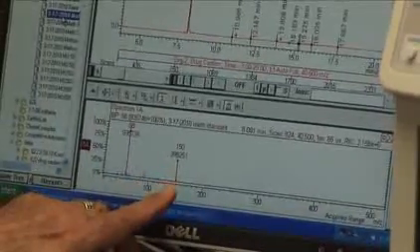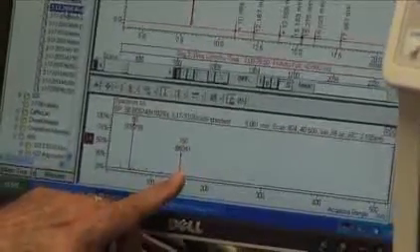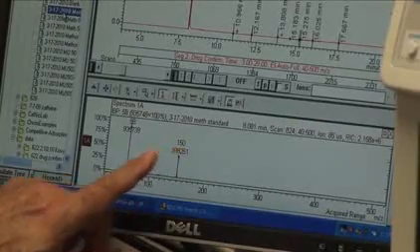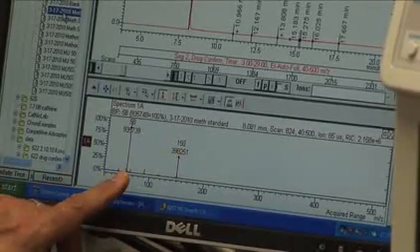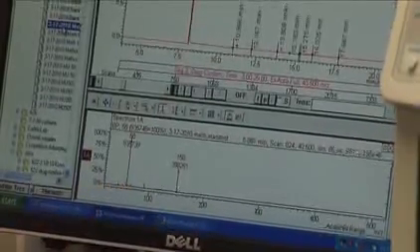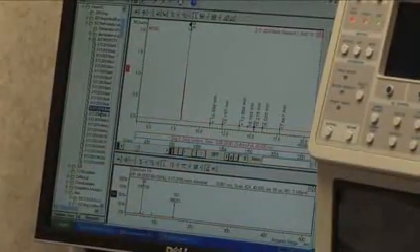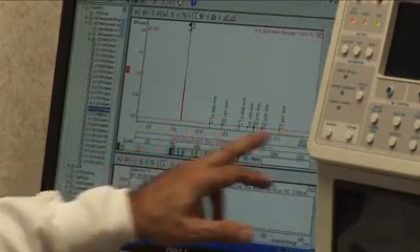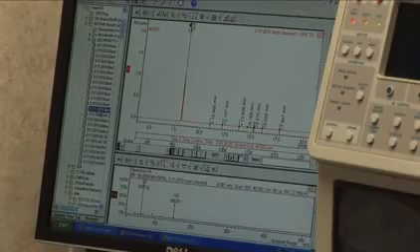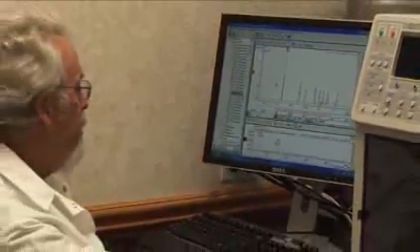It has a fragment at 150 atomic mass units. It also has another fragment at 58 mass units. Aside from very small peaks out here that are unrelated to our standard, this is a clean sample.